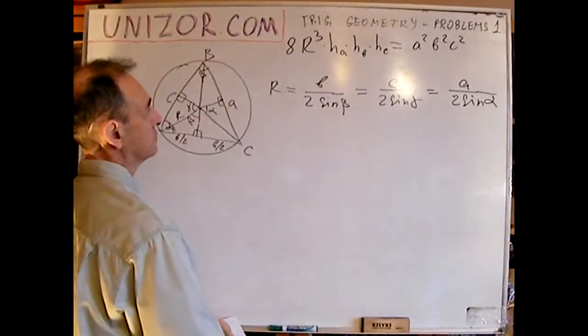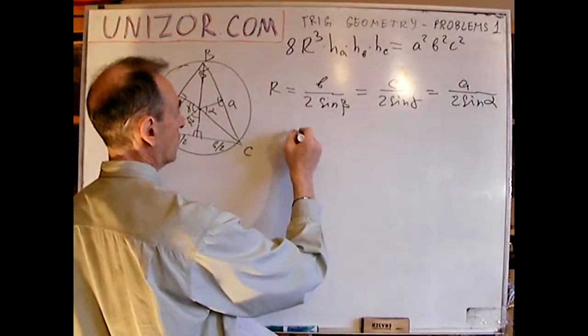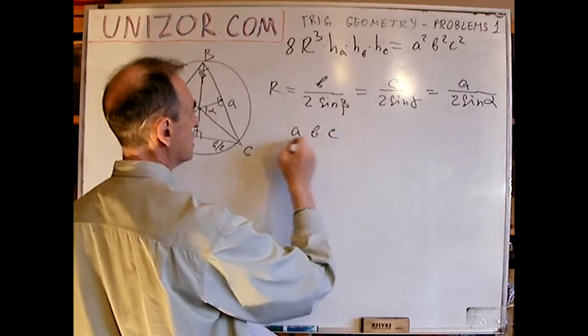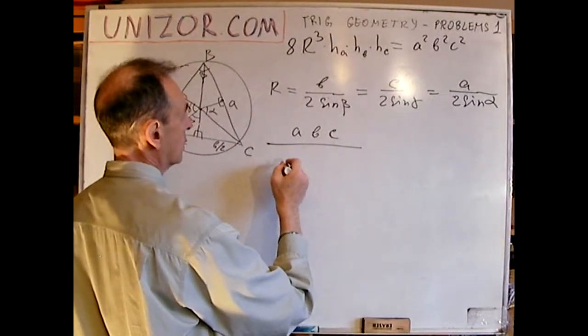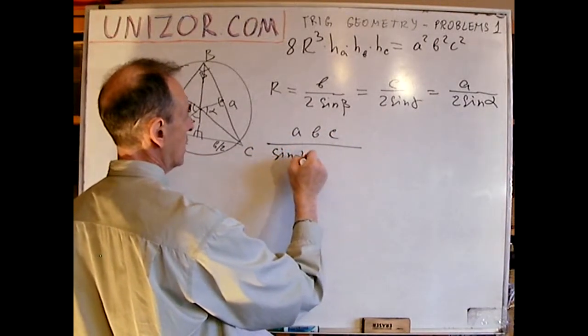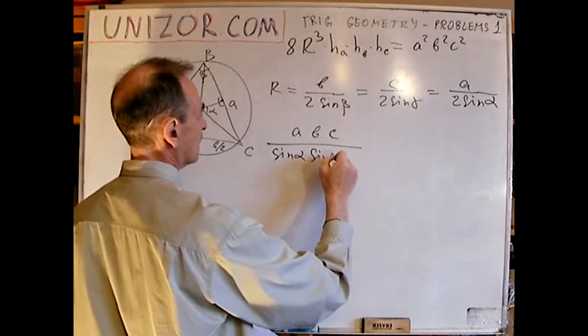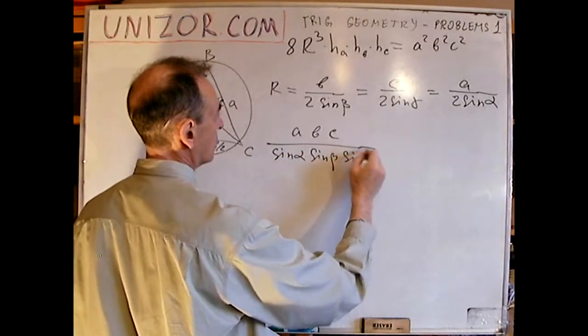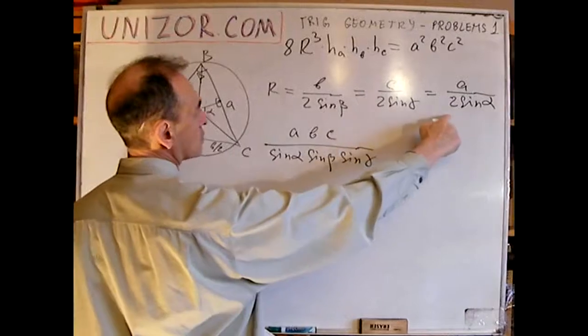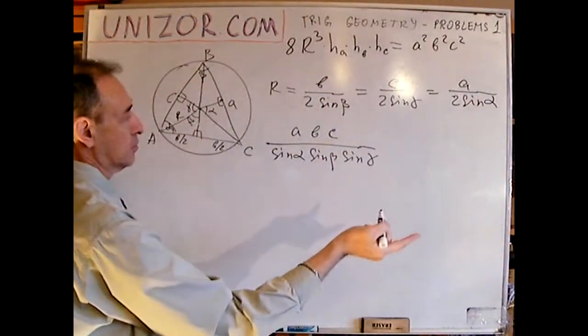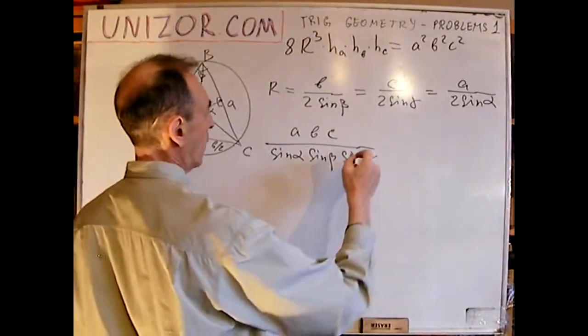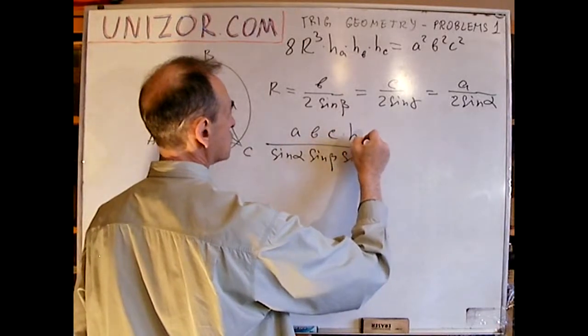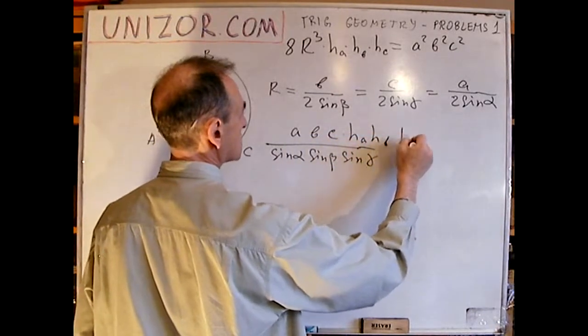So what will I have? I will have A, B, C divided by sine alpha, sine beta, and sine gamma. 2 by 2 by 2, it will be 8, and this 8 will be reduced, times HA times HB times HC.